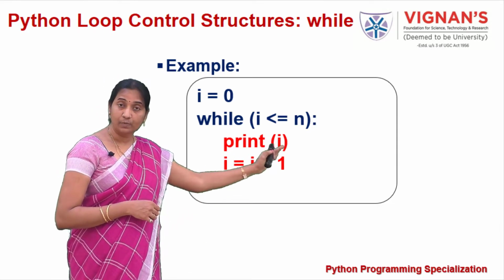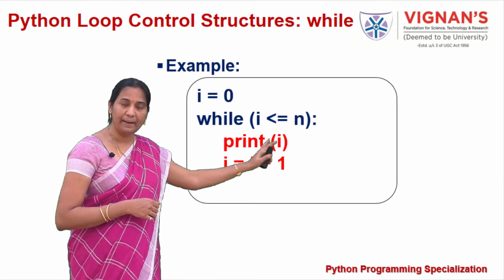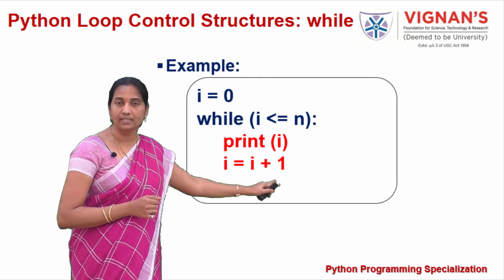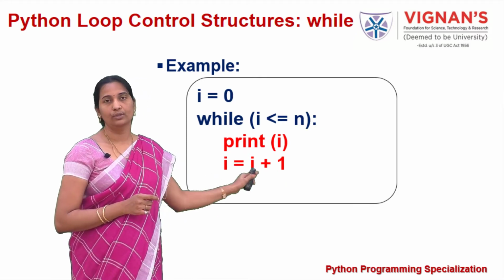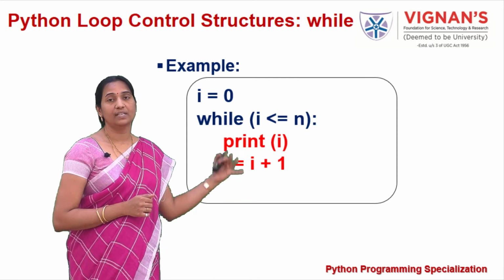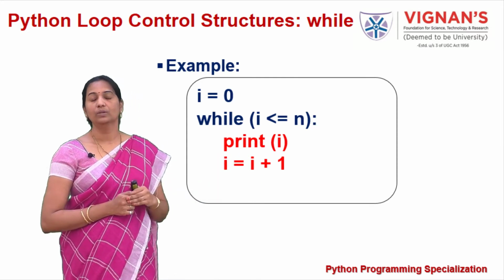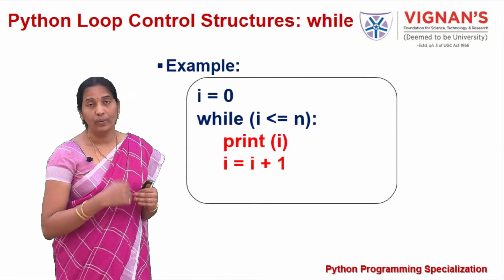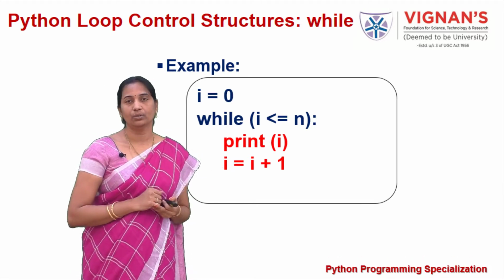Then, as the expression evaluates to true, the statements that are part of the while loop are executed. First you display the i value using print i, then the i value is incremented. After displaying, the i value is incremented to 1. Earlier it was 0, now it is incremented to 1.